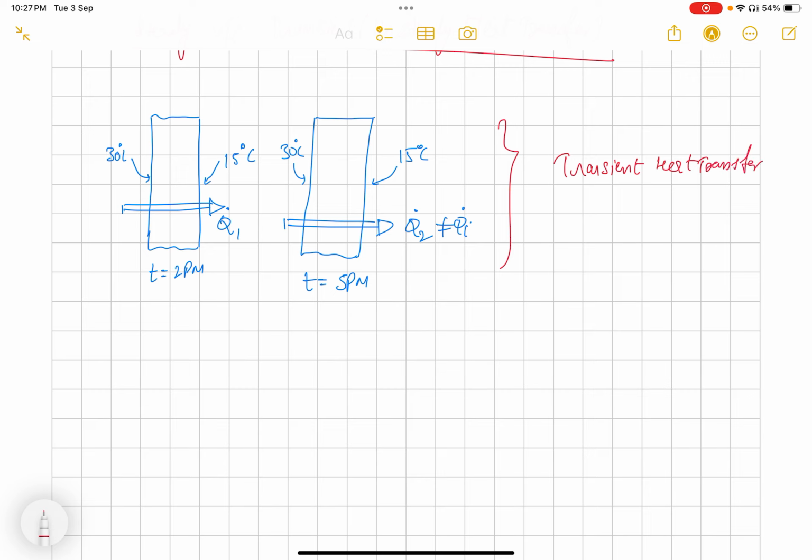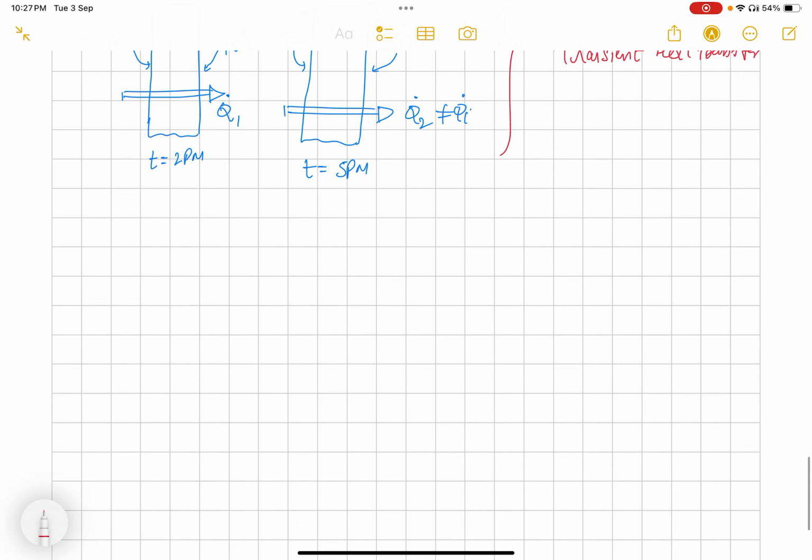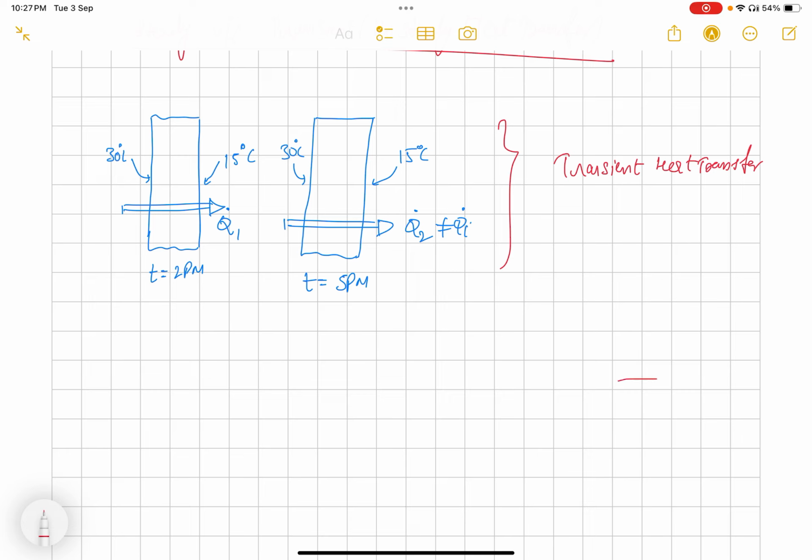It means that heat transfer is changing with time. We are observing the same wall, the same two points, and heat transfer was changing with time. So it was transient heat transfer. Transient means variation of any quantity with time.